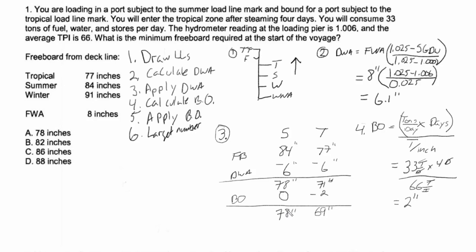Well, it turns out that this is 78 inches of freeboard, this is 69, this is more restrictive, so this is the one that I would use. So in my port, I can load until I have 78 inches of freeboard, and then when I get underway, by the time I get out into the summer zone, I'll be at my summer load line.